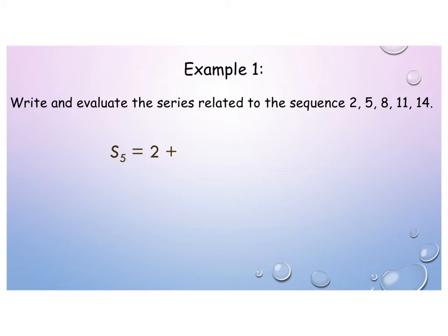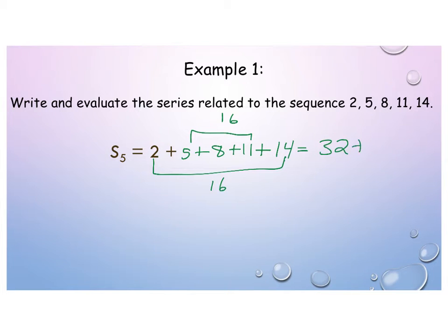So it's going to be 2 plus 5 plus 8 plus 11 plus 14. Okay, so we have, yes, that adds to 16, and that adds to 16. So I have 32 plus the middle 8, which gives me 40.